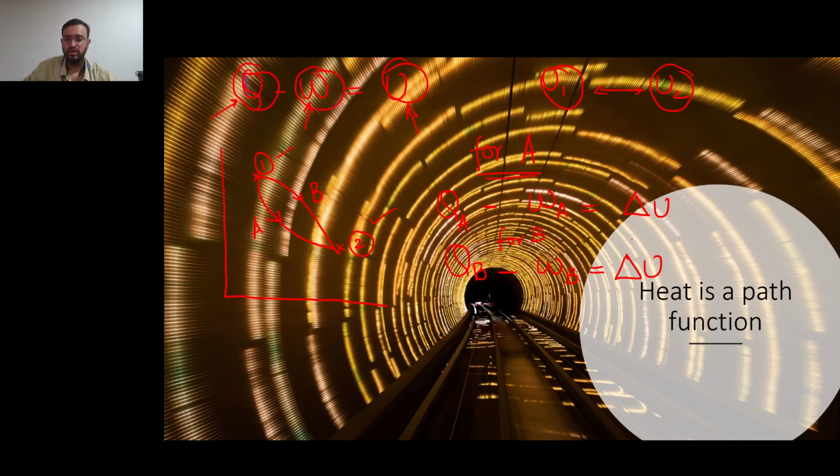Thus, mathematically, to have the same internal energy change, if your work transfer is changing, the amount of heat transferred in the process also has to change to hold this difference constant. All right. So this is the definite proof that if work is a path function and internal energy is a point function or a state function, then heat transfer during a process is also a path function.